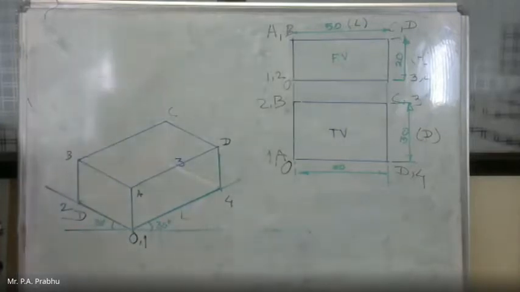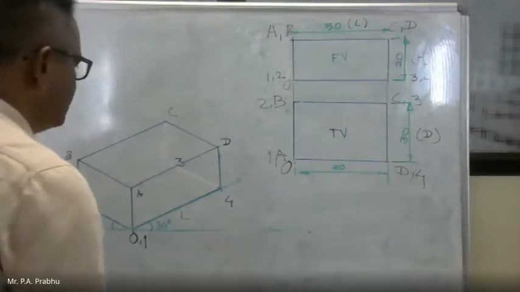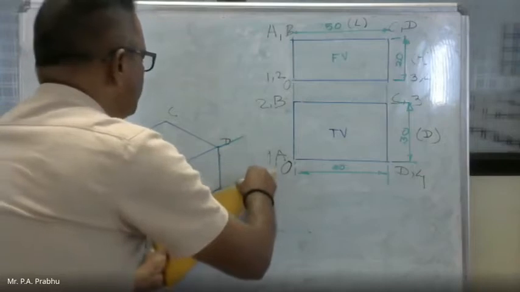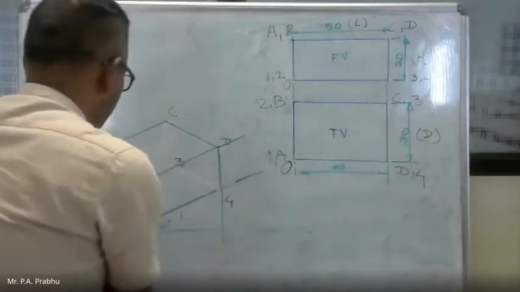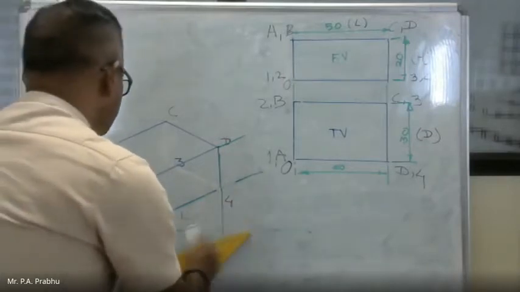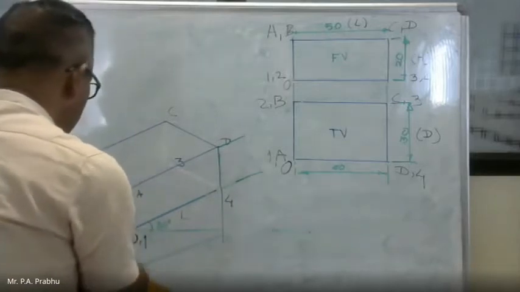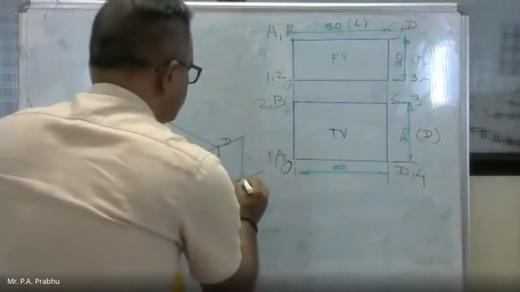Only show the important dimensions. In case of isometric, all dimensions are not shown. Only the important 3 dimensions are shown: total length, total width, total height.